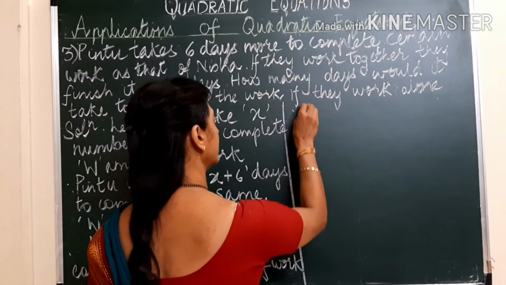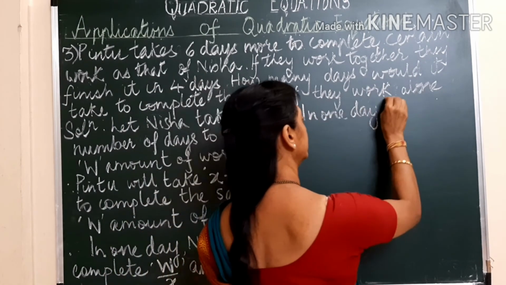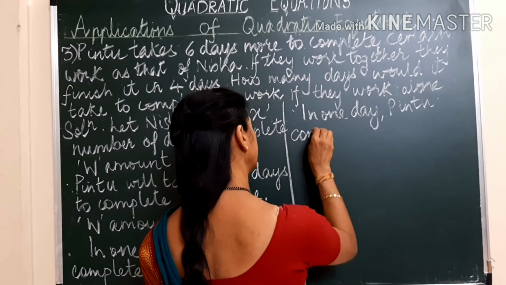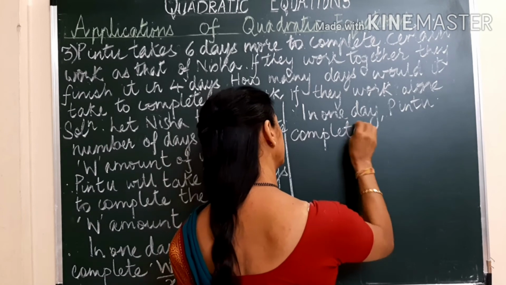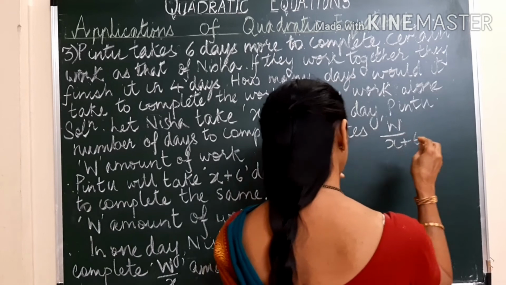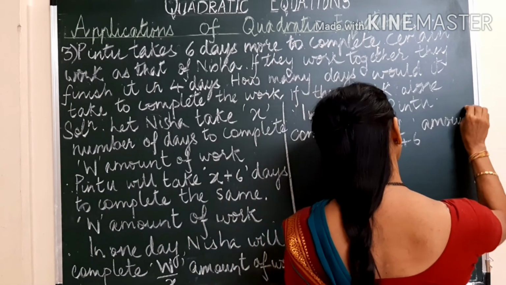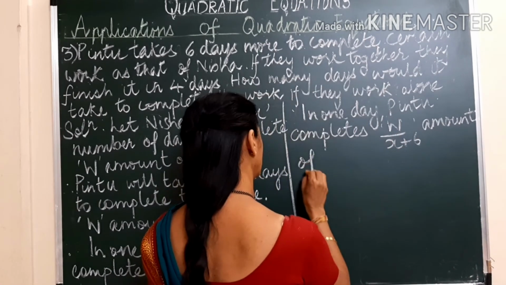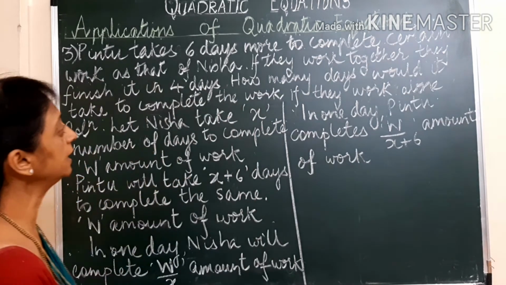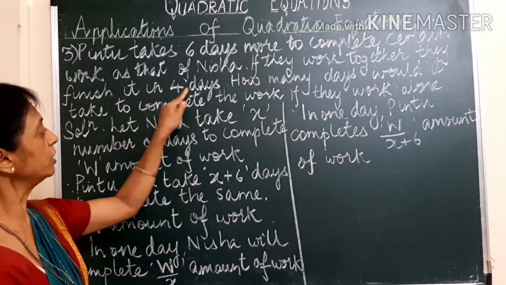Therefore, in one day, Pintu completes W upon x plus 6 amount of work. Now let's see the condition. They are saying if they work together, they finish it in 4 days.